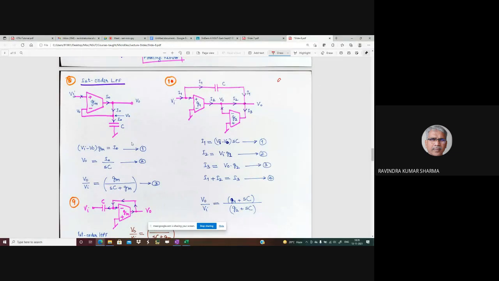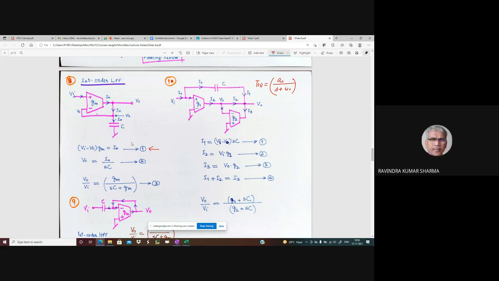That will be A naught over S plus omega naught. That is what it will be for first order, right? Yes, sir. Now this circuit, the eighth circuit, look at this one in which first order low pass filter is written. So can you see this equation 1? Is that okay?